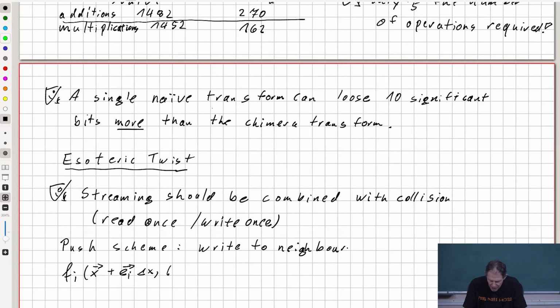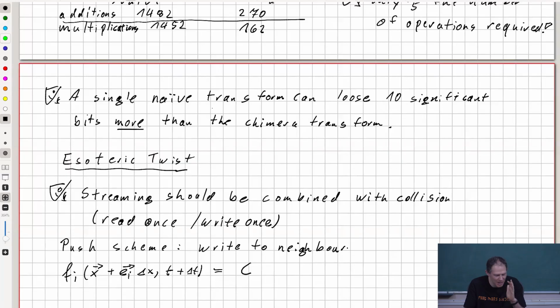So we go to the neighbor in the next time step, and I now want to write that the collision is in the same step.